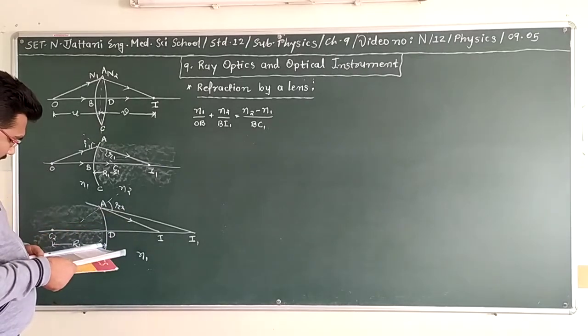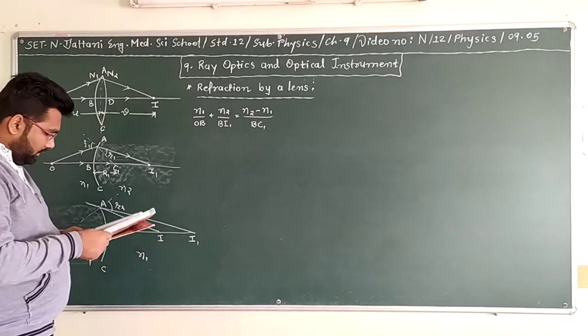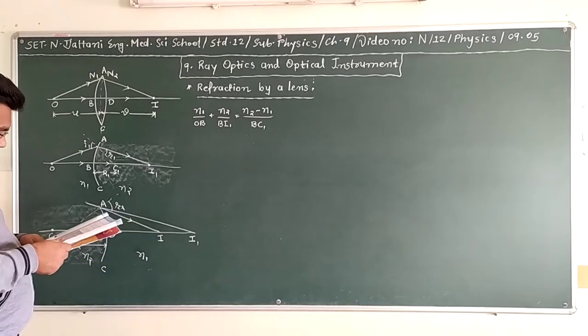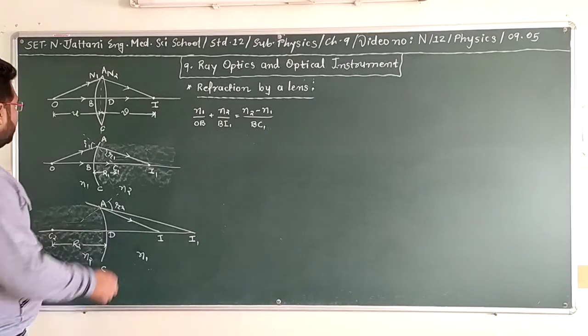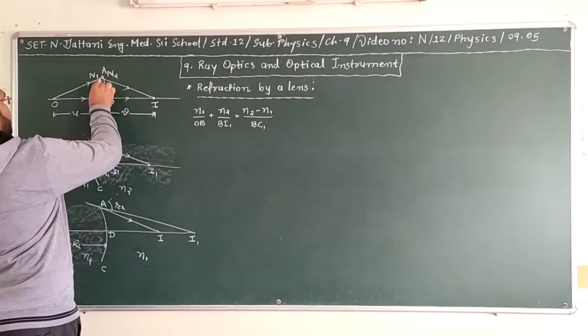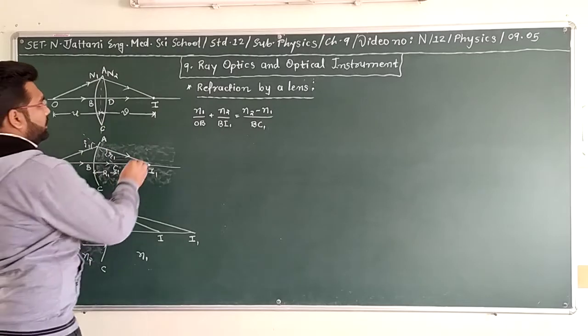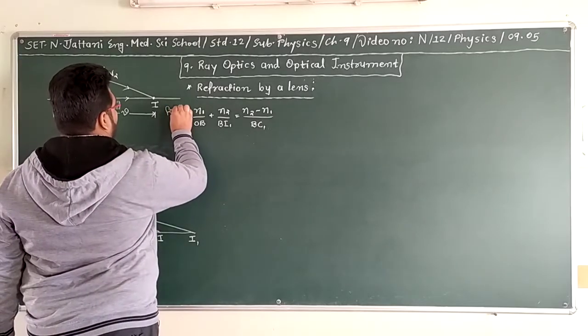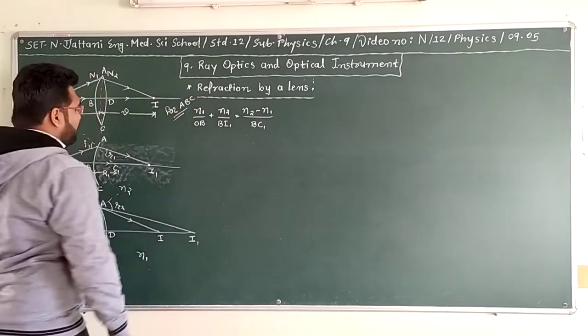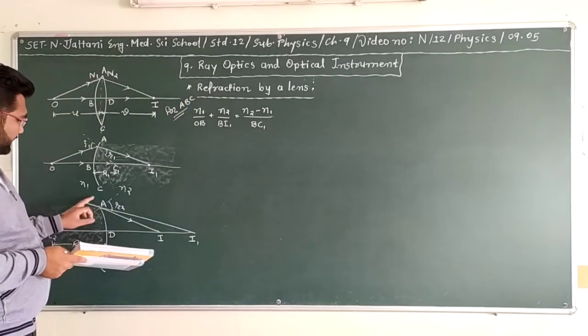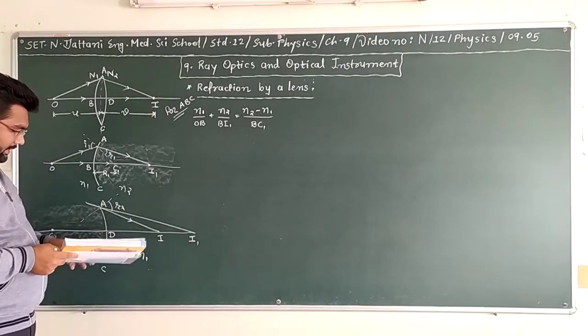So we write here a minus sign for surface number 1. We had written this formula for surface ABC. Now we will write the formula for surface ADC.